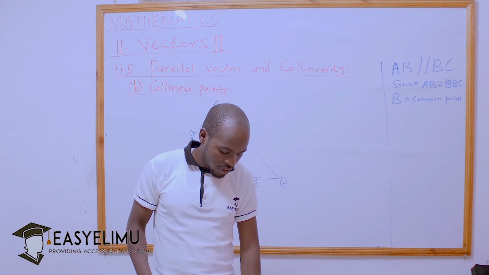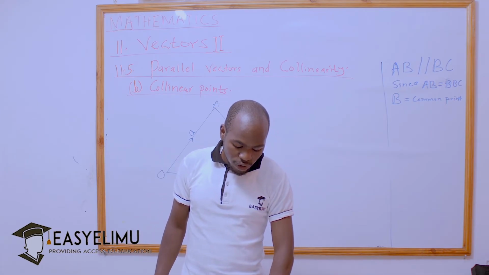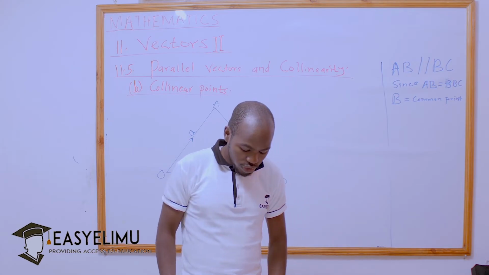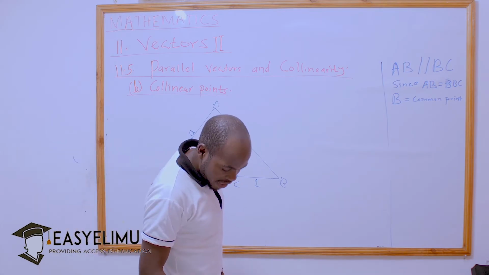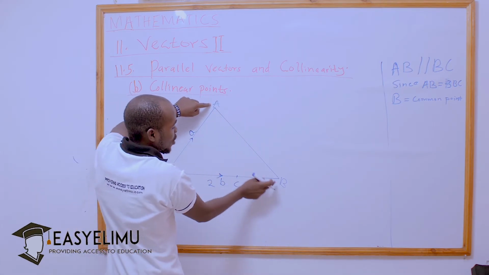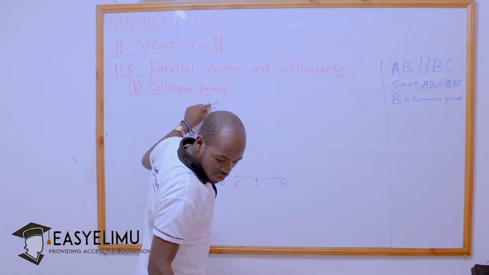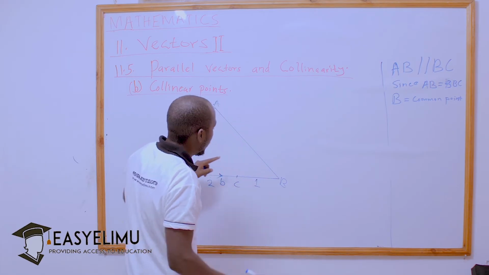Then D lies on AB such that the ratio of AD to DB is 1 to 2. So D lies on this AB, in the ratio of AD to DB is 1 to 2.